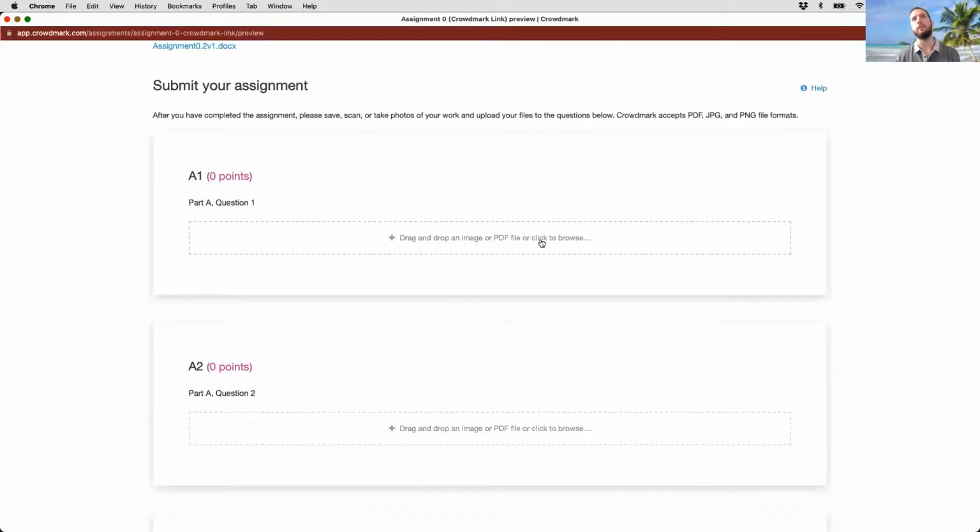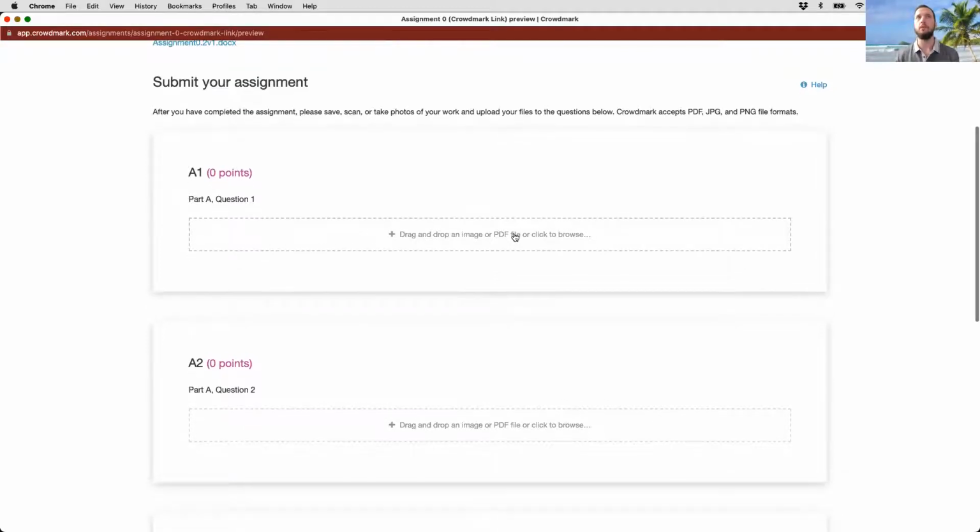And right here, it says drag and drop an image or PDF file or click to browse. So when you're working through your assignments, the traditional option would be that you do it on pen and paper. You write your answers down, take a photo of your written answers, and then simply upload that photo into the box that's shown here.